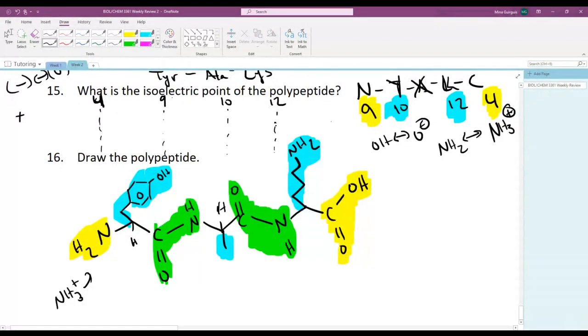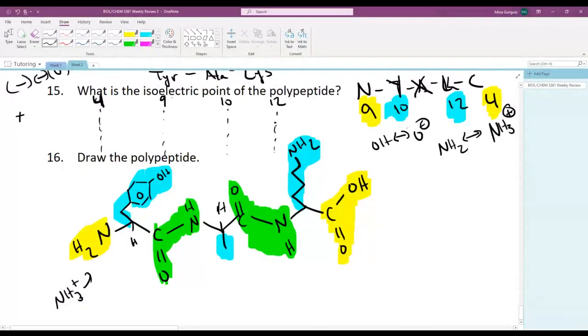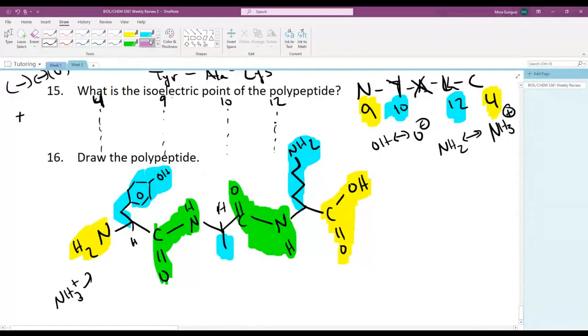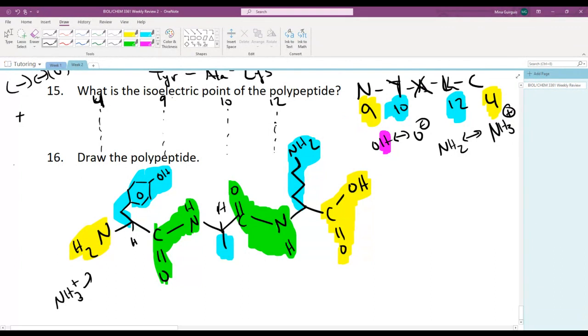Okay, next, tyrosine. When tyrosine is protonated, is it positive, negative, or neutral? Neutral, that's exactly right. And I want to point it out right here. This is the protonated form, neutral. So that's why we put a 0 here for tyrosine. Right?